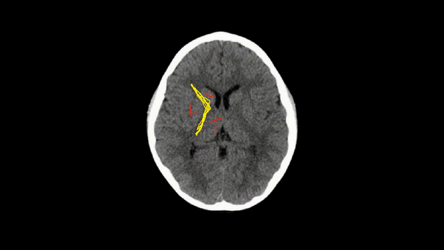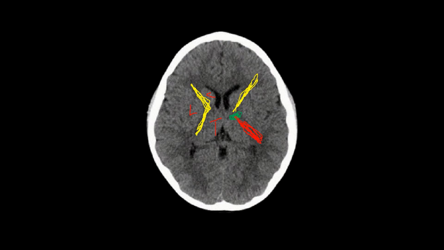Right. So the internal capsule has three parts: the anterior limb, the genu, and the posterior limb. Over to the left side, we can differentiate the structure. So this is the anterior limb, right? And here is the genu region. And back here is the posterior limb.